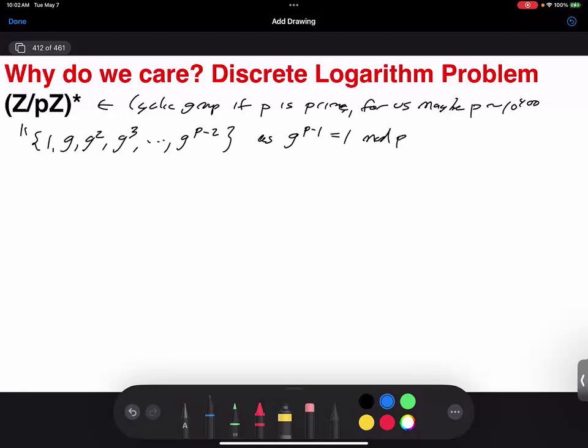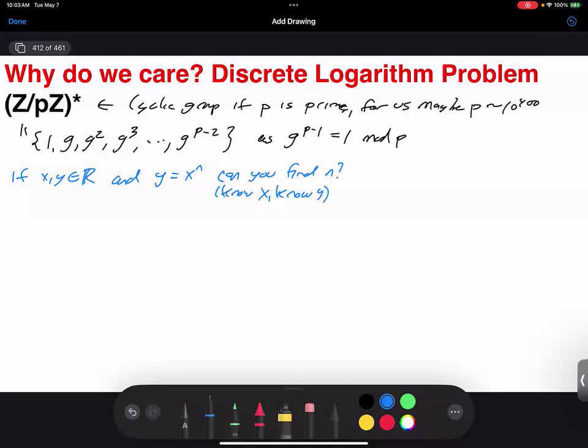And again, all of this is mod p. And so now, it turns out if x and y are real numbers, and y equals x to the n, can you find n? So if you know 2 real numbers, and you know y is x to the n, so you know x and you know y.